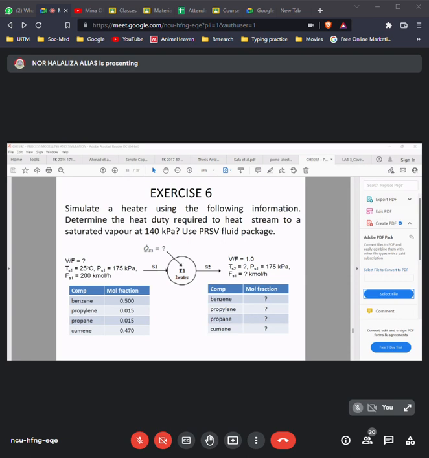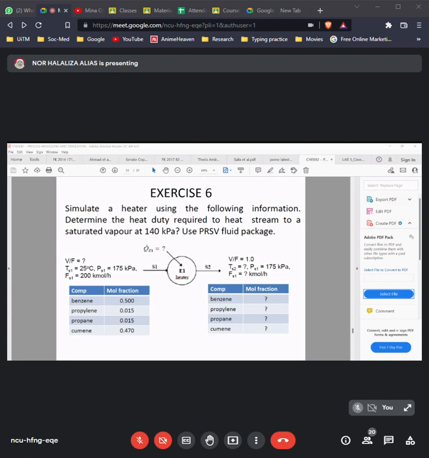Basically you dah ada overview what you are going to have in your HYSYS. So kita ada input stream, and then kita ada heater and kita ada output stream. So all the information including the temperature, pressure and also flow rate were already stated here, both for input and also output of the heater.